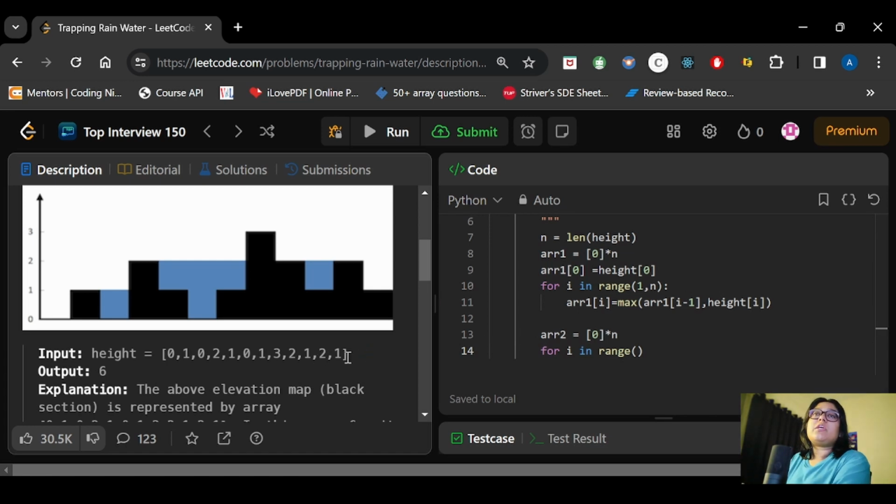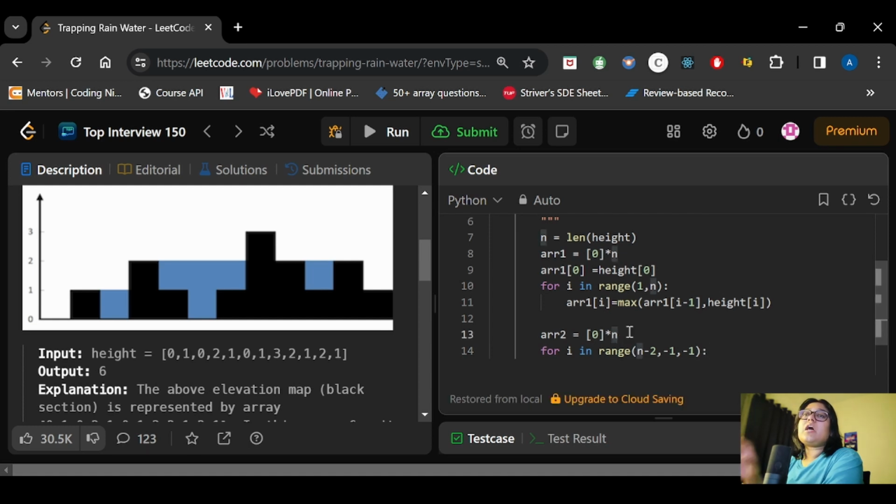What I am trying to say here is, if I am starting from n minus 2 and I am trying to compare with n minus 1, then it is possible. But if I start from n minus 1 only, then I will get an error. So since I am comparing with I plus 1 value, I am starting from n minus 2 and we will go to 0th index, right?